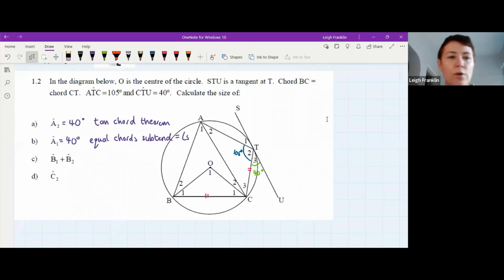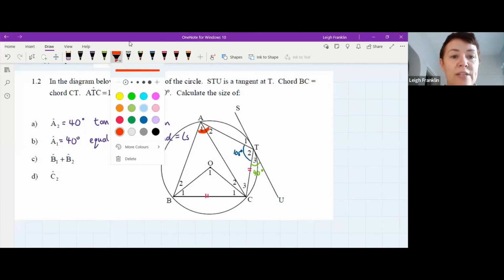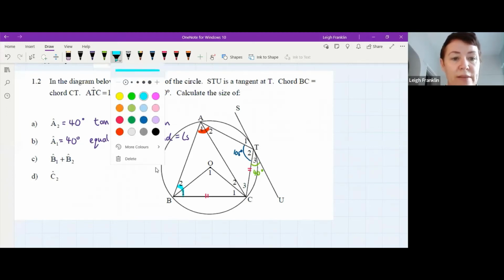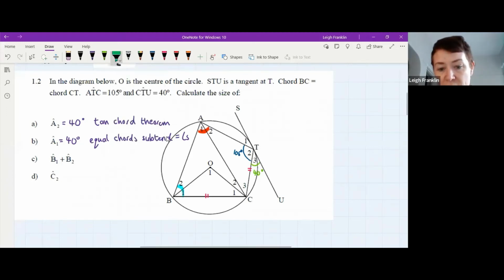So in other words, in this situation here, unless all of them are 90, those over there are not necessarily the same size as T2, not necessarily the same size as B1 plus B2, not necessarily the same size as this over here, right?